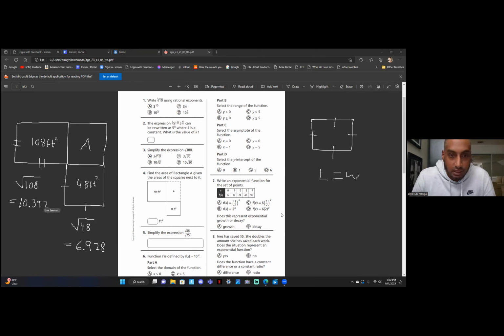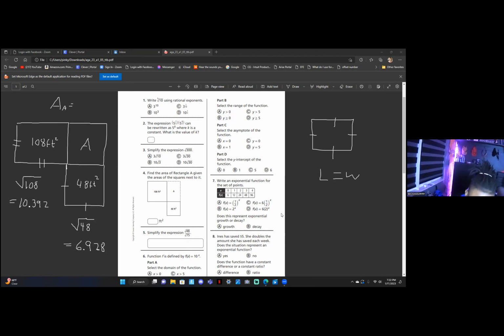So that means on A, this distance, from here to here, is 10.392, and from here to here is 6.928. So area of A equals what? Those two numbers multiplied by each other, length times width.